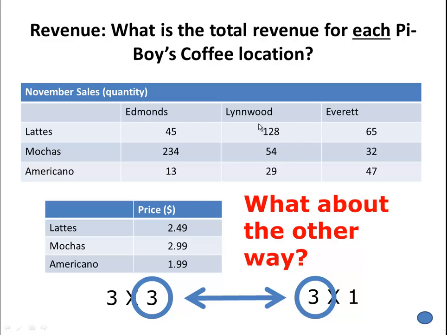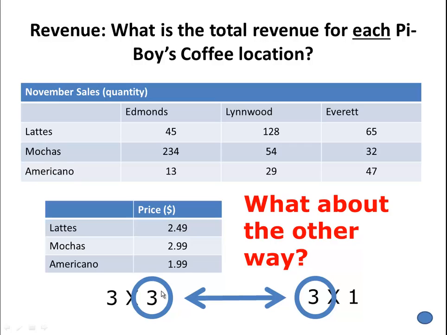But then I'm taking the 128 lattes from Linwood and matching it up with the price of 299, which is mochas. But wait a minute. That's 128 times 299. Those are two different things. One's lattes, the other's mochas. And then when we finish up this row, the 65 lattes from Everett, we match that number with the 199.